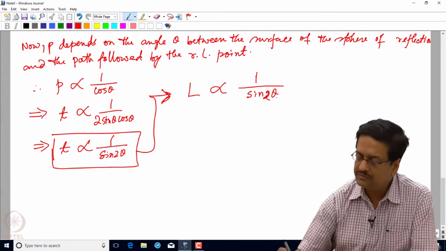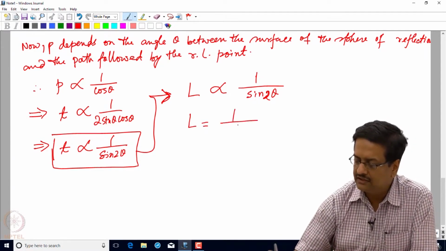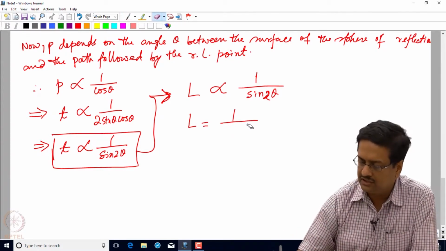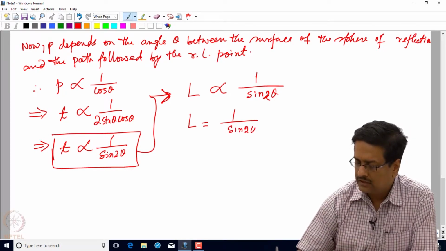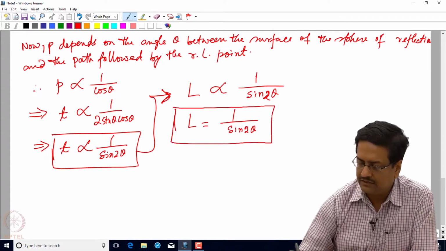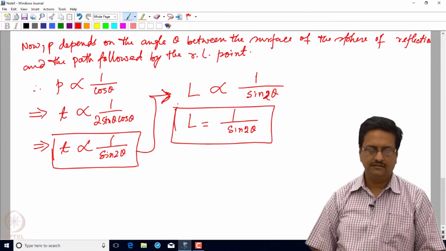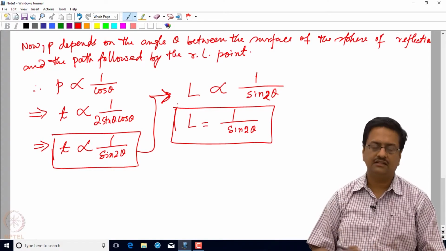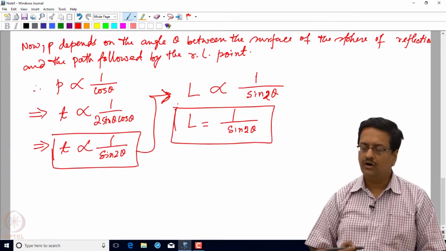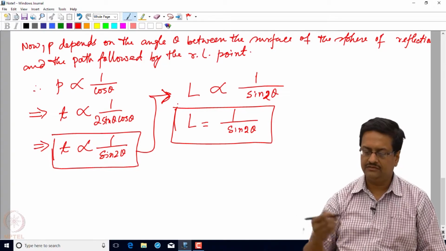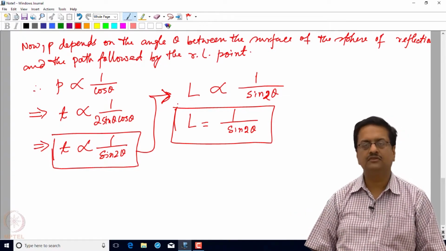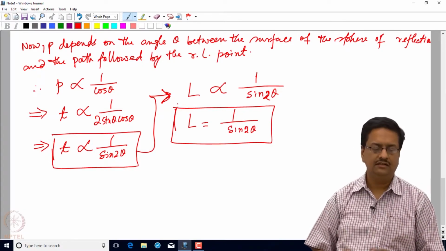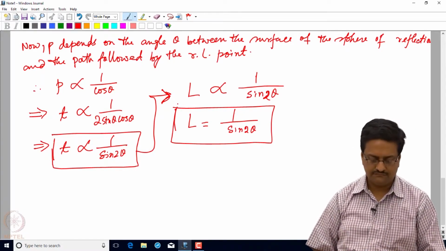For all practical purposes, this L is written as 1 by sine 2 theta, and this correction term is applied to the data that is collected. So this is how the Lorentz correction is applied to all the reflections, that is to all the reciprocal lattice points that are responsible for corresponding X-ray diffraction in different directions.